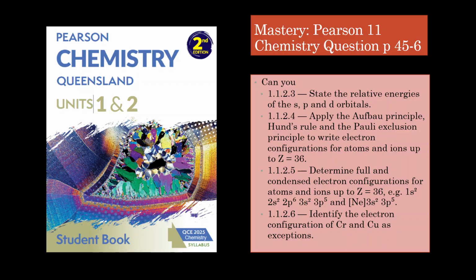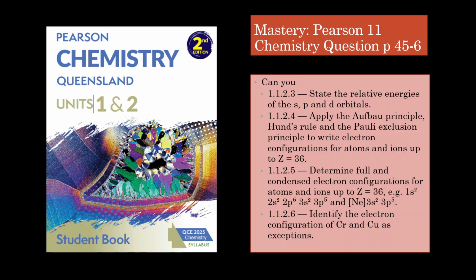So finally, just to recall what we've done, we've stated the relative energies of the s, p, and d, so lowest, middle, and highest. We're only doing up to krypton, so we don't need to worry about f, but f is higher. Apply the Aufbau, so it's a filling up, the Hund's rule and the Pauli exclusion principle to write down electron configurations of atoms and ions. Now, look, the ions are just going to have a different number of electrons.